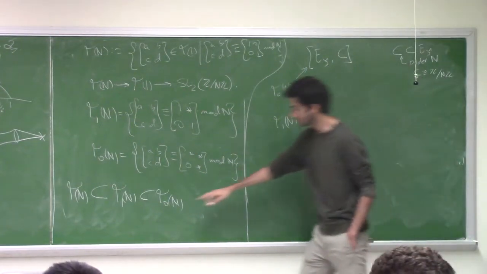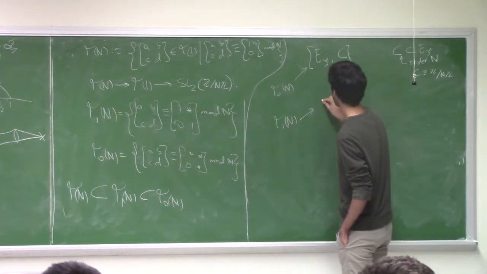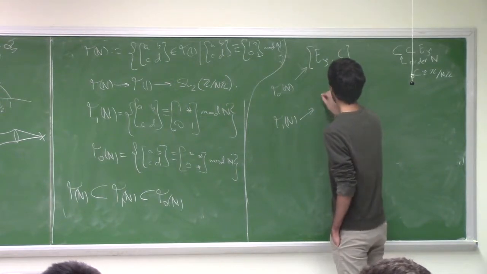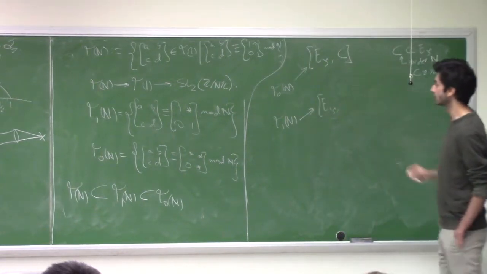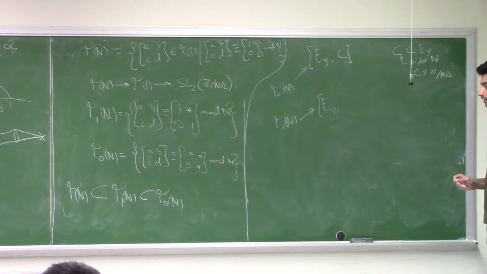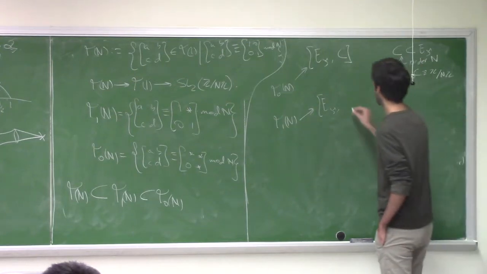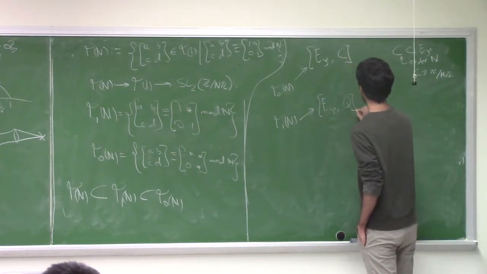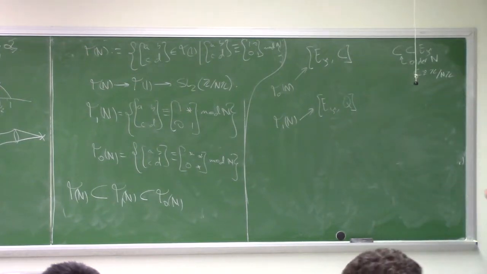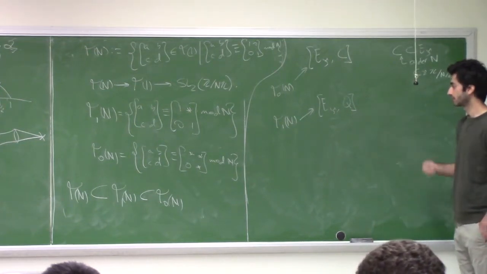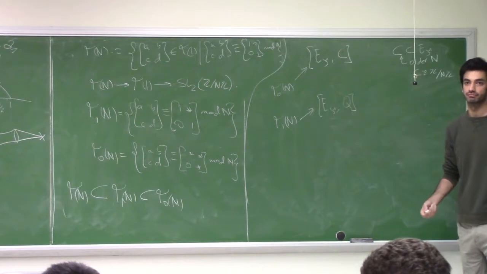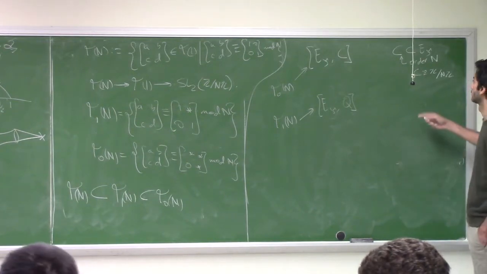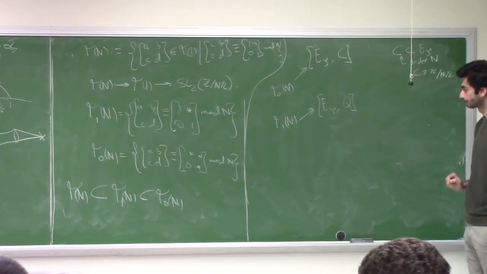And since this is contained in this, it has to be an elliptic curve with less information than an entire group. So it is just a point of order n, a point on your elliptic curve such that its nth multiple is the identity, or it's one of the points in this entire group.